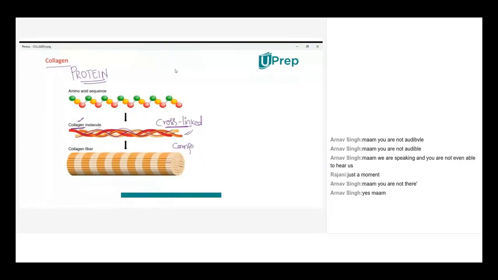If collagen proteins are interlinked, it is called collagen fiber. If elastin molecules are interlinked, they are called elastin fibers. This is a point you have to remember.